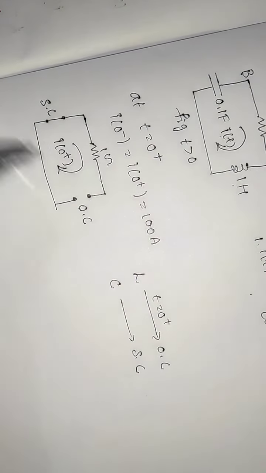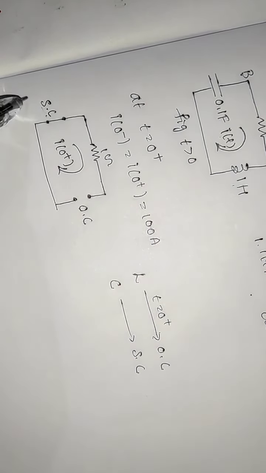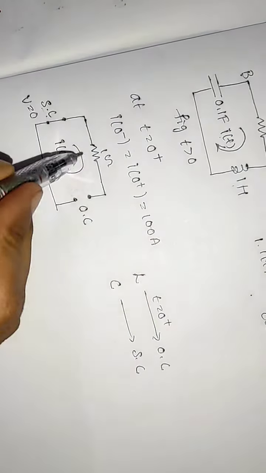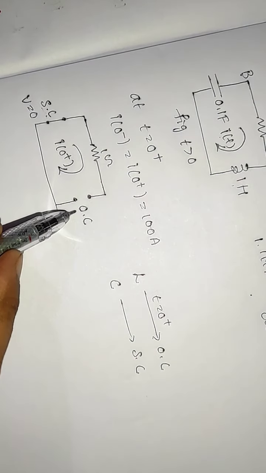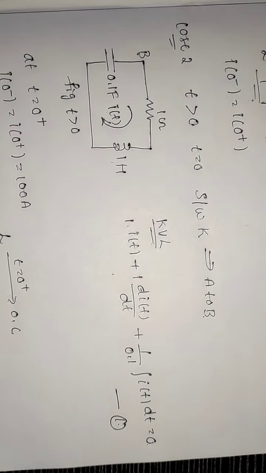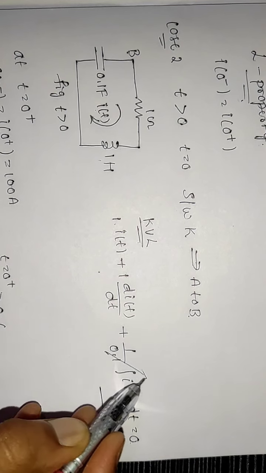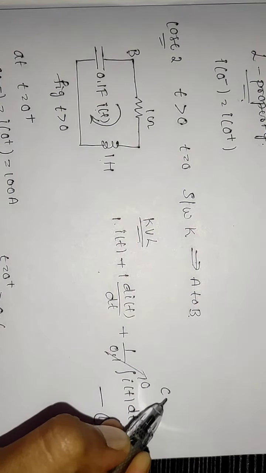Now what is the voltage across the short circuit? In a short circuit the voltage equals 0, right? We know that. You can calculate the voltage across the resistor, and across the open circuit also. From equation 1, the voltage across the capacitor becomes 0, since the capacitor acts as a short circuit.